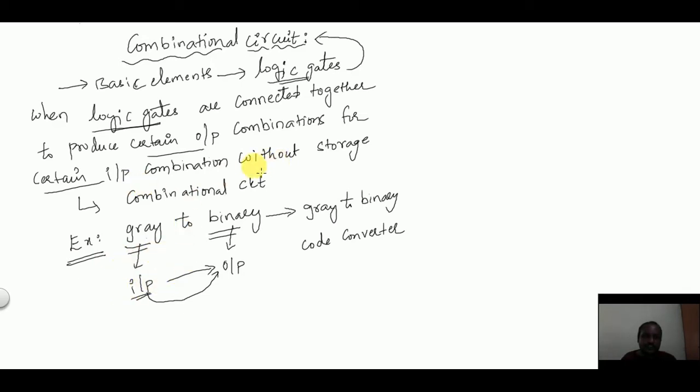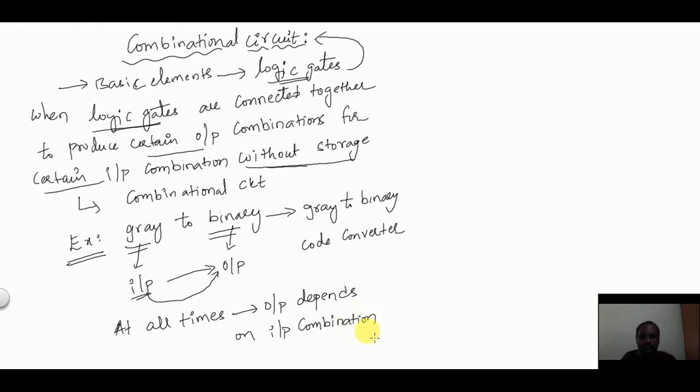Without any storage, that means no storage is involved in this. That means in a combinational circuit, at all times the output combination depends on the input combination only.